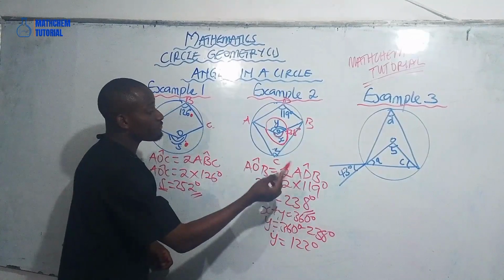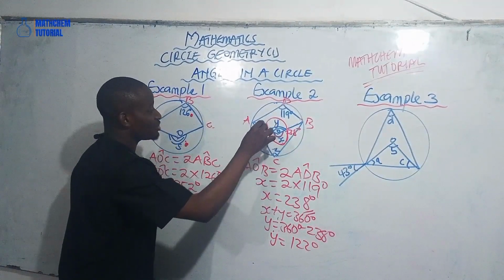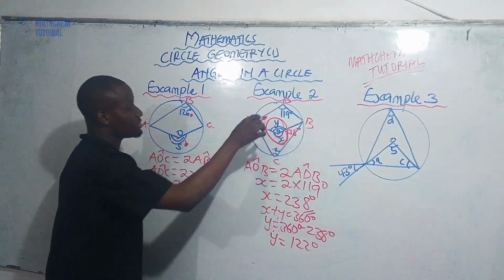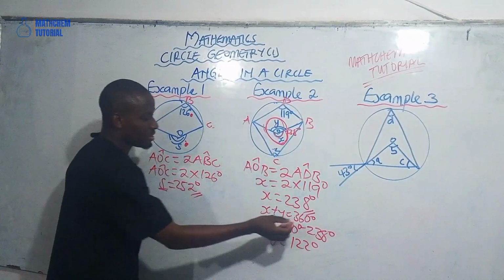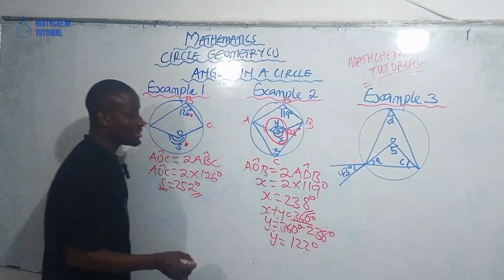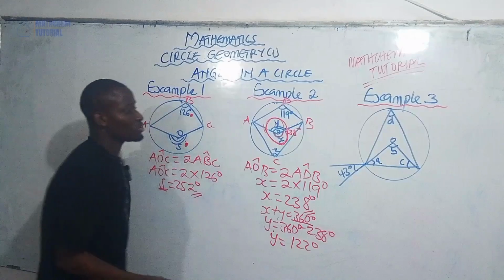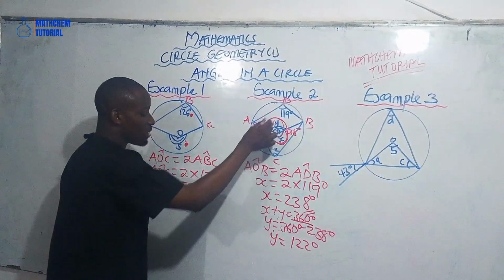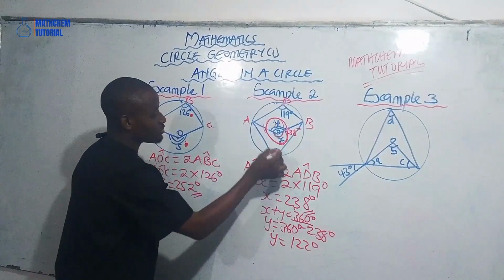We got the 238 from the value of x, and the sum of angles around a point in a circle is 360. So when we subtract 238 from 360, we get 122. So I've gotten x and y: x is 238, y is 122. Then the next one is to get z.